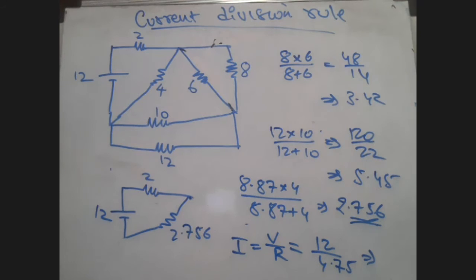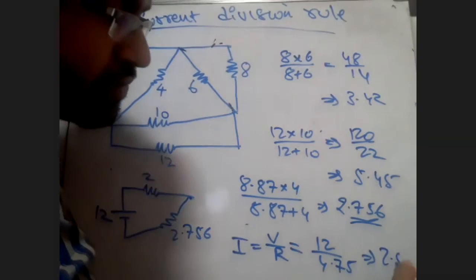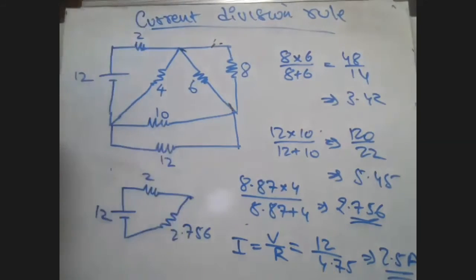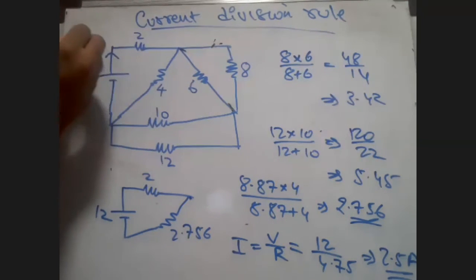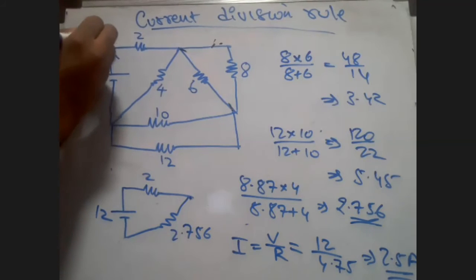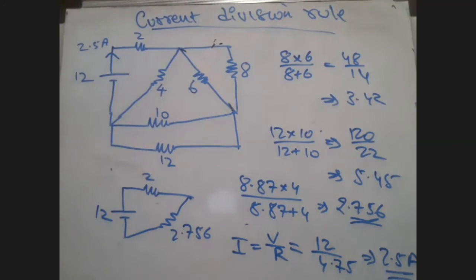Everyone calculate, please. 2.52 amperes. Let's make it simple, 2.5 amperes. So the total current passing through this circuit from this 12 volts is 2.5 amperes.